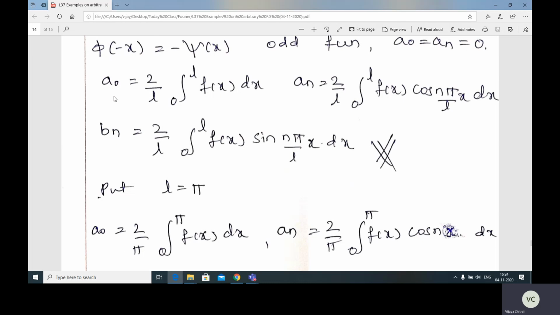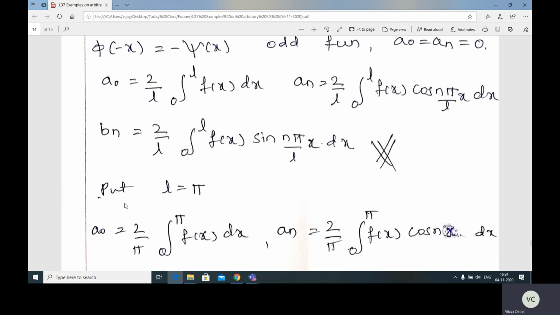So a0 is, if the interval is 0 to 2l or minus l to l, a0 will be 2 by l integration from 0 to l f of x dx. an is 2 by l integration from 0 to l f of x cos n pi x divided by l dx. And bn is 2 by l integration from 0 to l f of x sin n pi x divided by l dx.